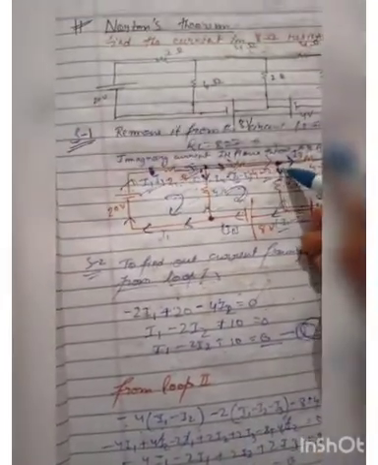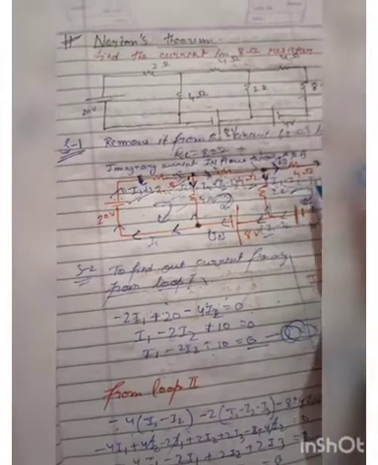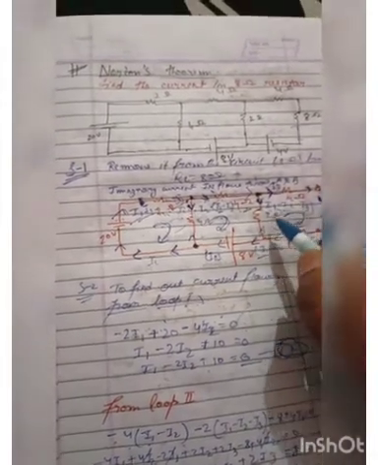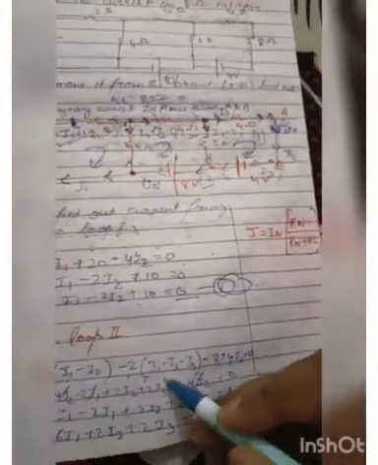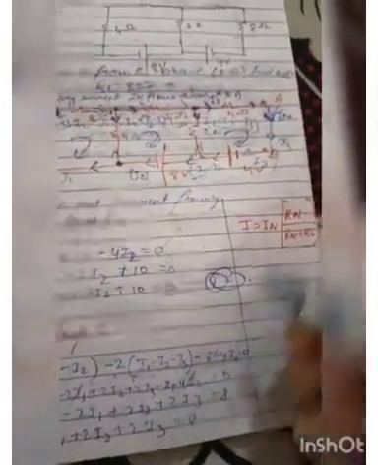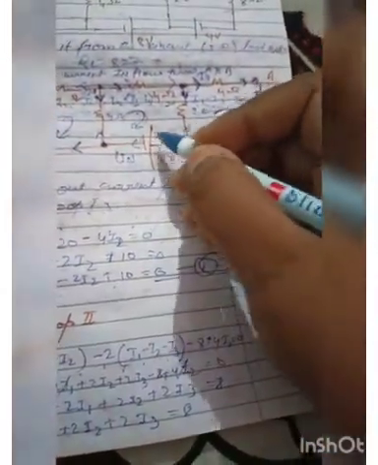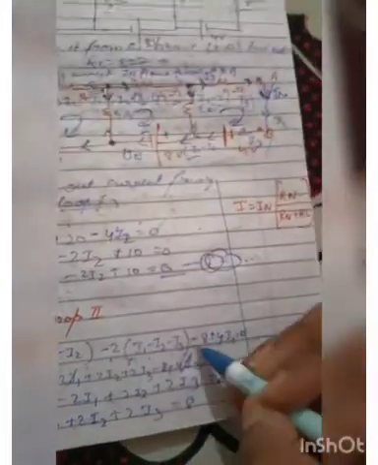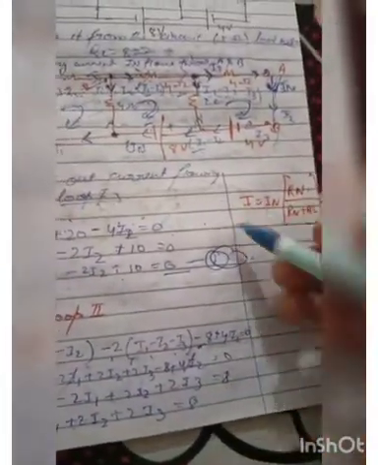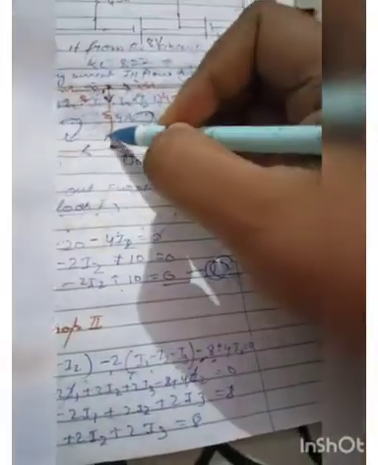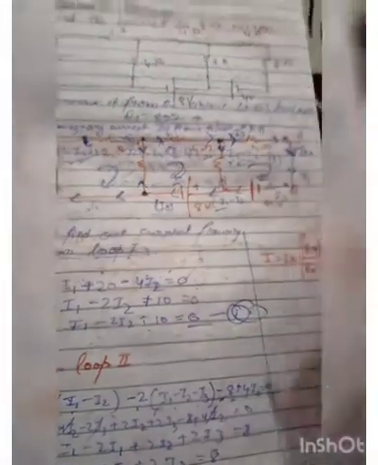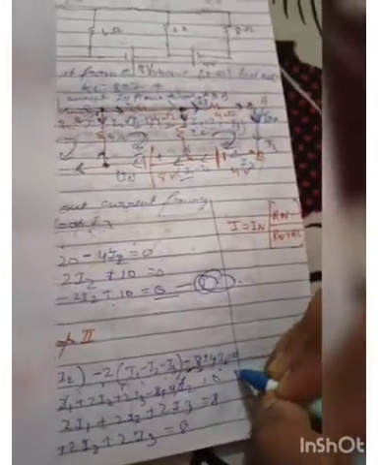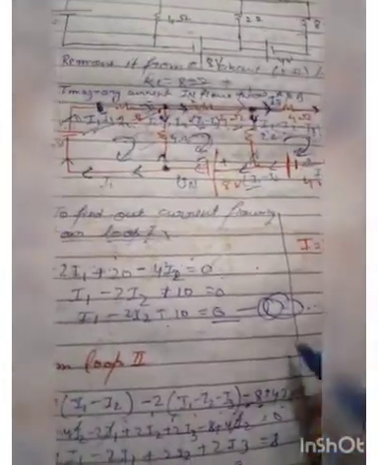Similarly, the current I1 minus I2 minus I3 is flowing in the 2 ohm resistor, so we use a negative sign, minus 2 times (I1 minus I2 minus I3). Now here from positive to negative, we use the negative sign, that is minus 8. Here current and resistor are in opposite directions, so we use the plus sign, that is plus 4I2. Now equate it to 0.